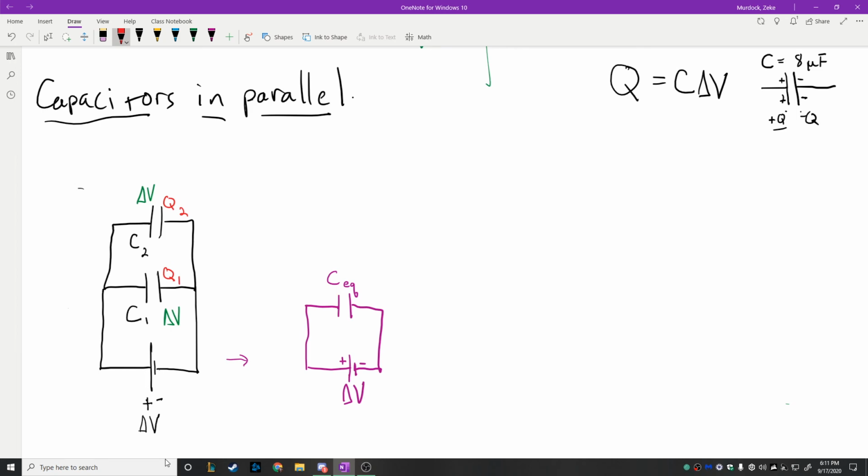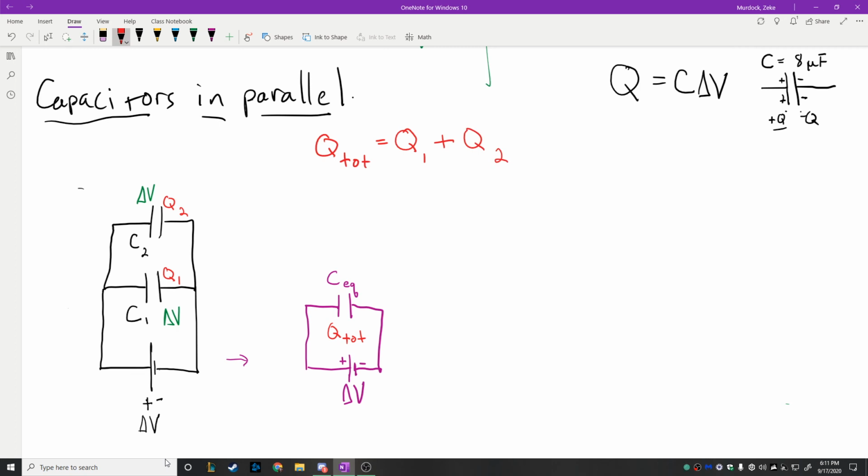Then when we combine these together, this one is going to have a total charge, Q total, and because charge is a conserved quantity, we can't create it or destroy it, Q total should be equal to the sum of Q1 and Q2. Does that seem reasonable to you guys?